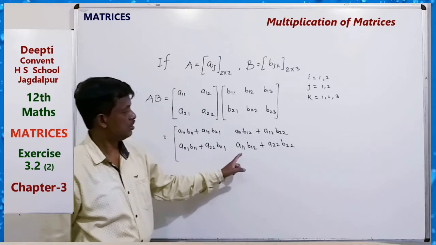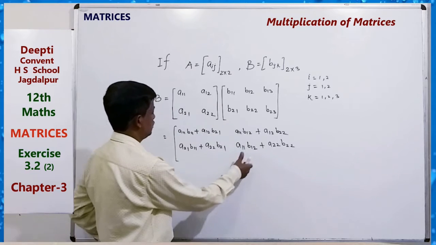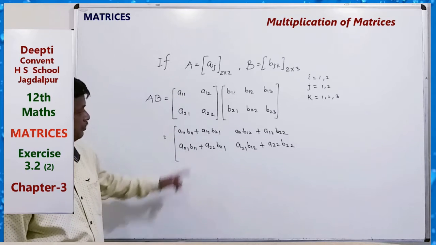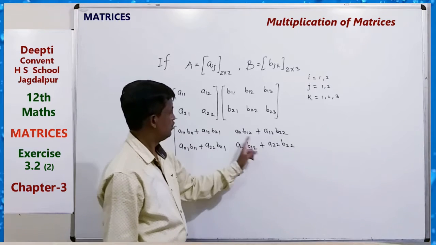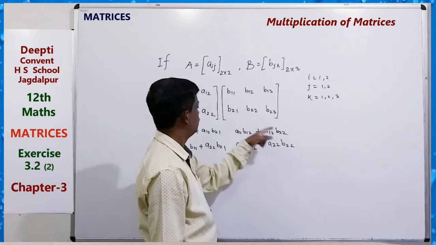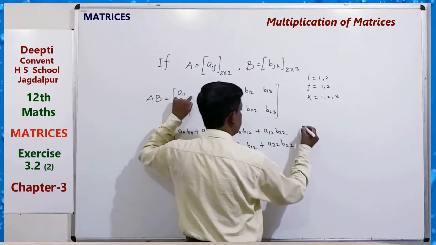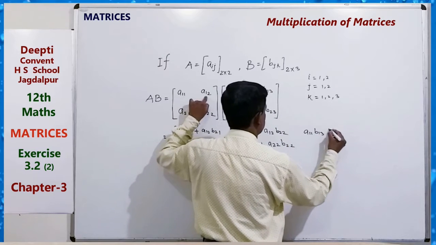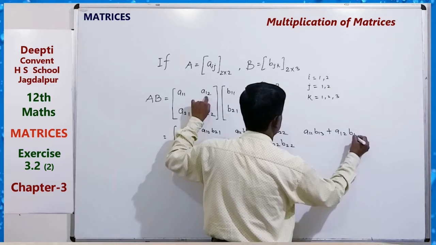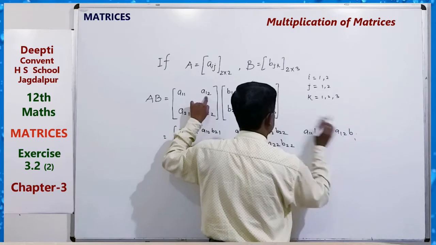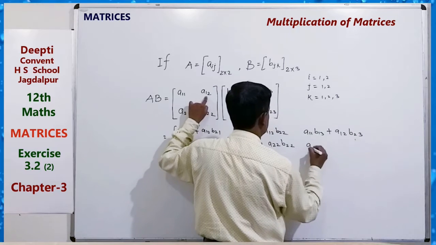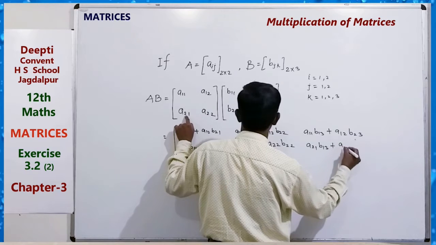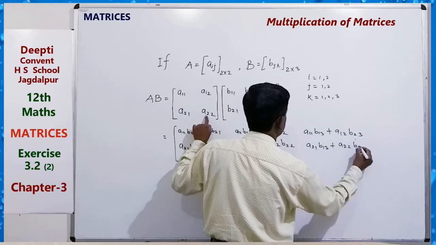Now A11 B13 plus A12 B23. Here A21 B13 plus A22 B23.